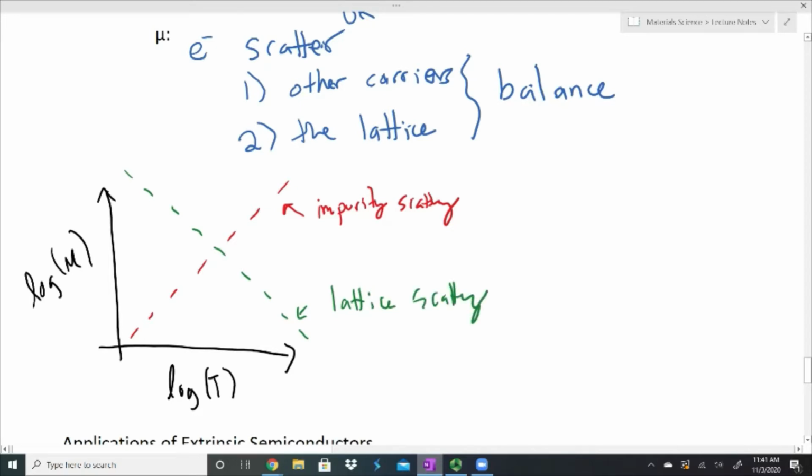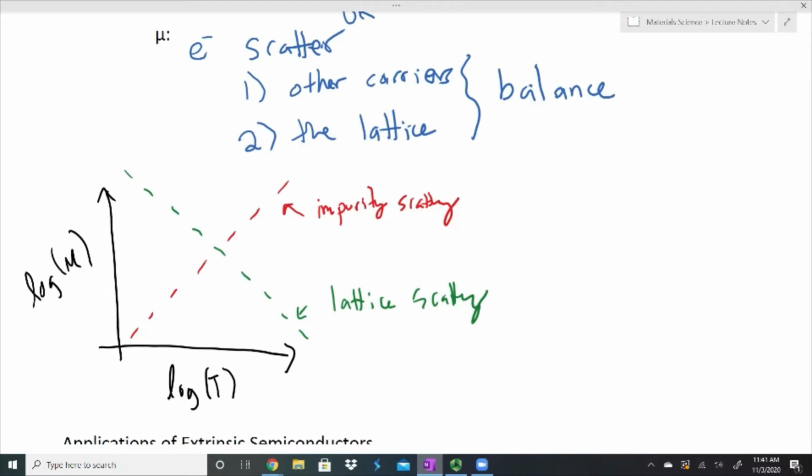And we'll see that as temperature increases, one of these goes up and one of them goes down. The lattice scattering is going to actually go down as temperature increases because it's moving faster. We've given it more energy, and so that electron, that charge carrier, is moving really, really quick. It's not going to interact with the lattice as much.